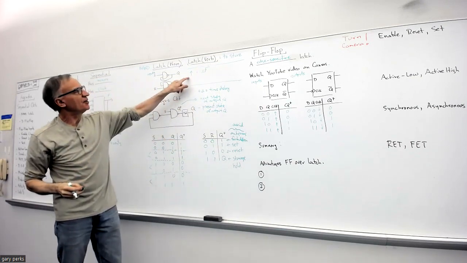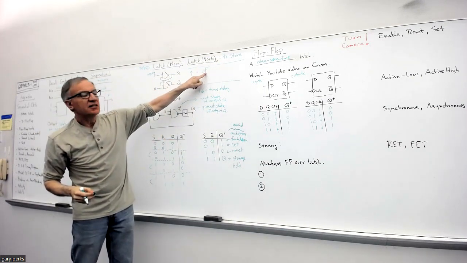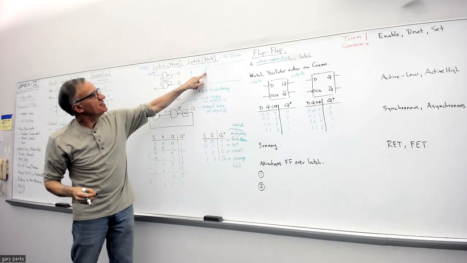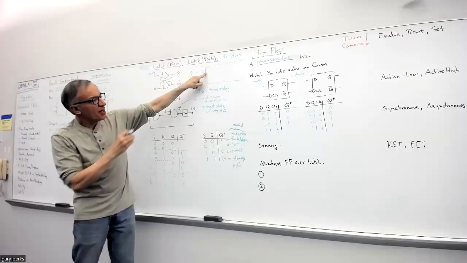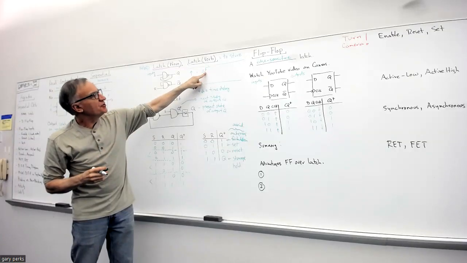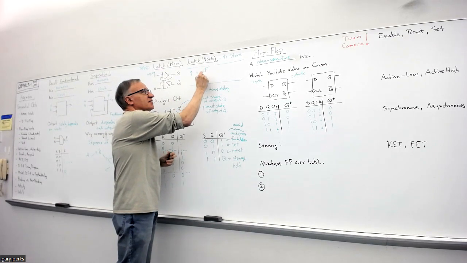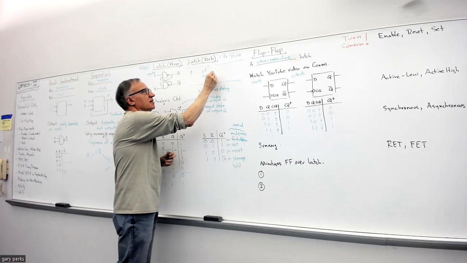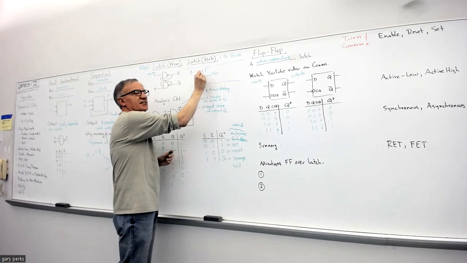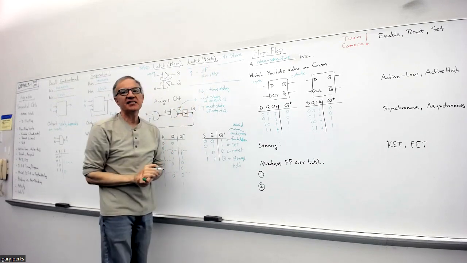So that arrow is a way to symbolize the time that the square wave on the clock input goes from a 0 to a 1. We call that a rising edge. That 0 to 1 transition, we call it a rising edge.